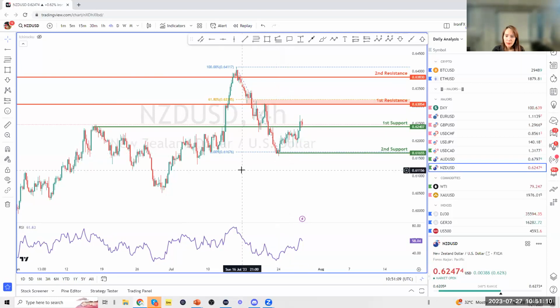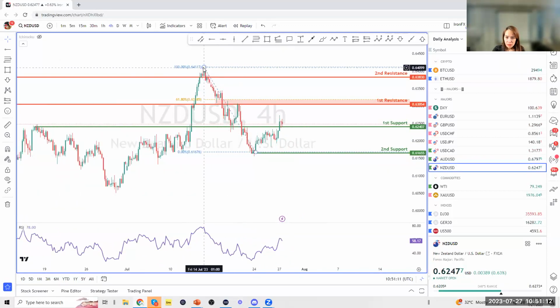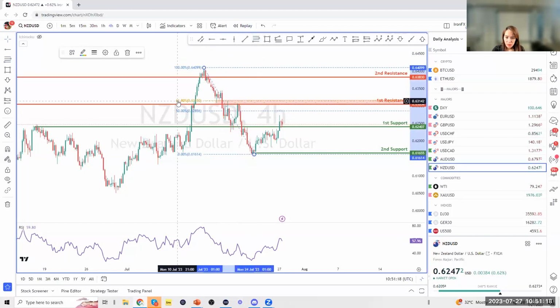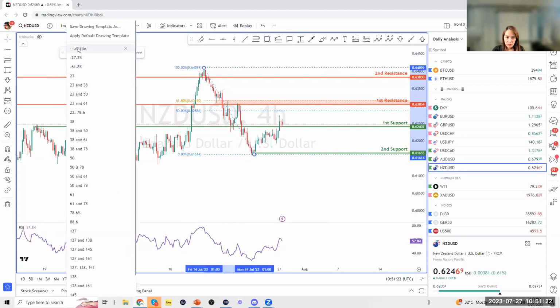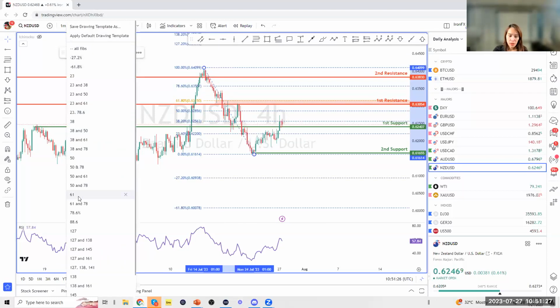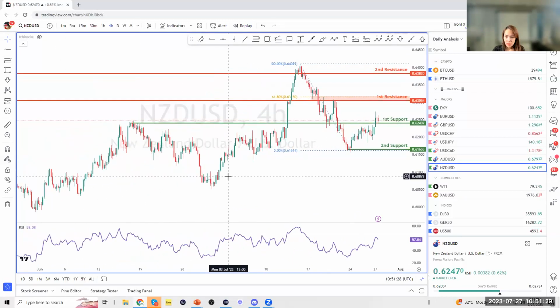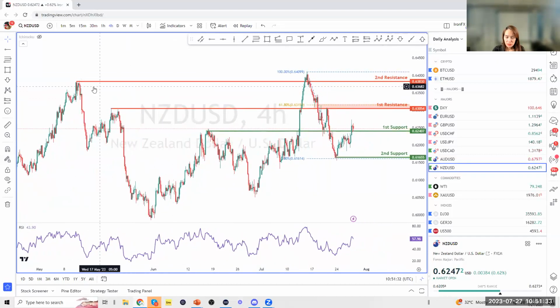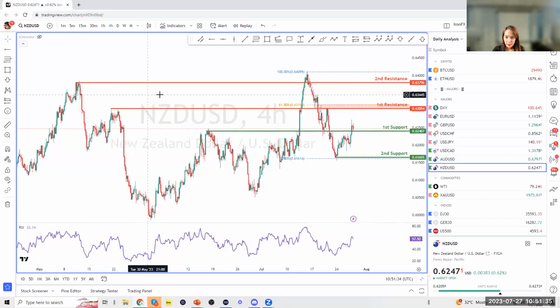I just put it here. Okay, and for the second resistance, you use Fibo from here to here. As you can see, we have 61.8%. You draw the zone, and this is my first resistance. This is my second resistance, which is the peak of this high.